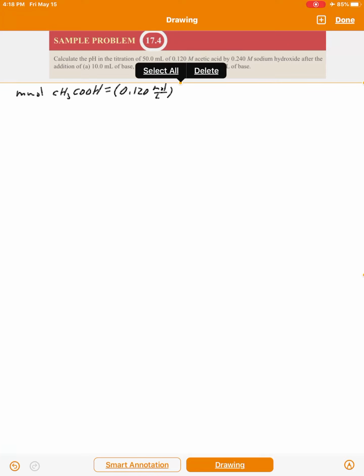I'm going to find the number of millimoles of everything. So let's find the millimoles of the acetic acid. Okay, the volume is 50 milliliters, the molarity is 0.120. So I'm going to take 0.120 moles per liter and multiply that by 50 milliliters.